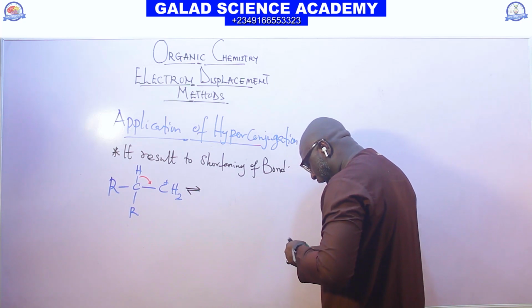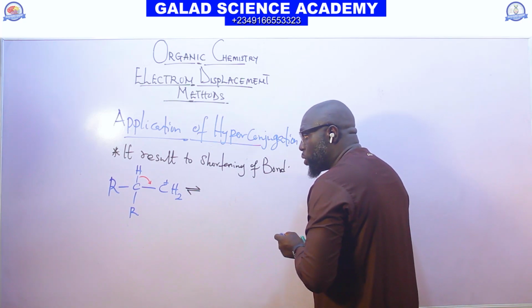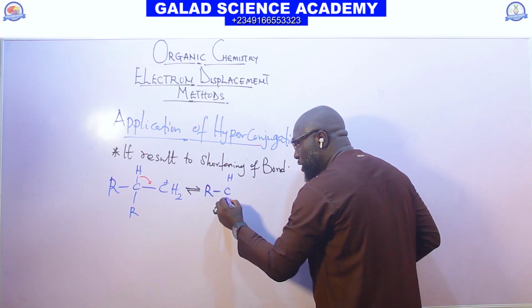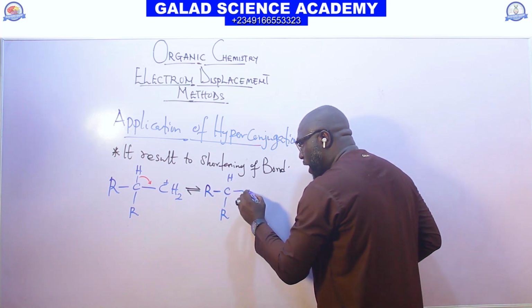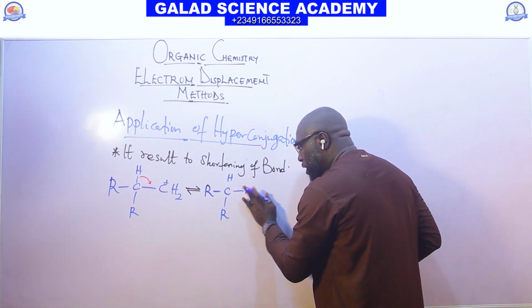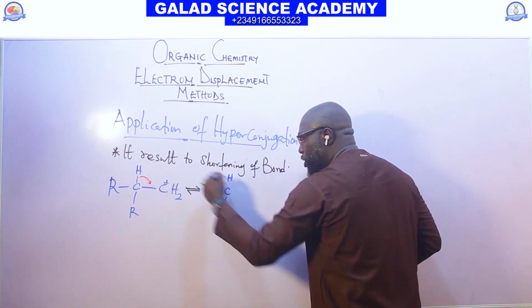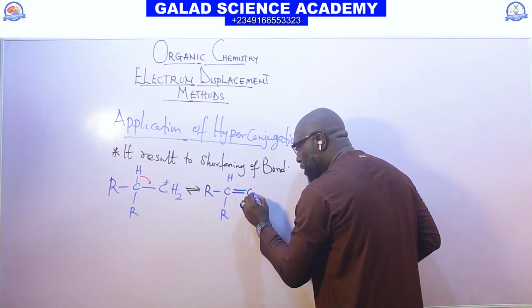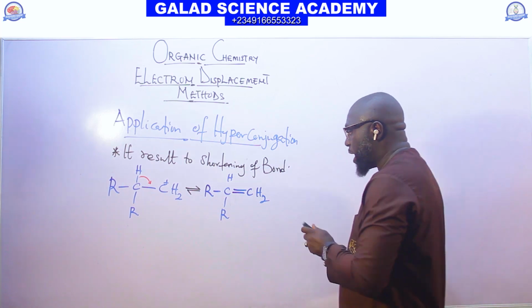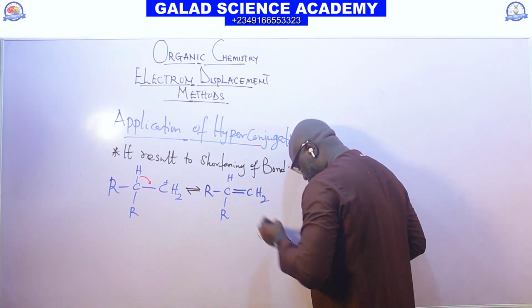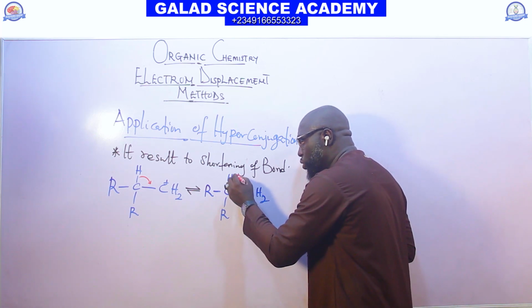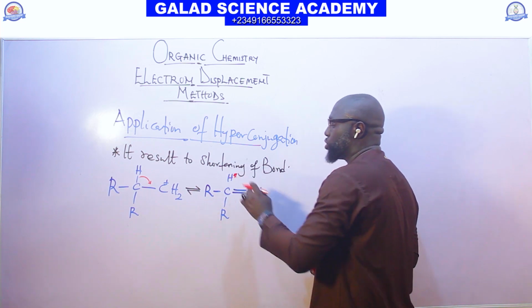You will now have R, then CH2 with a double bond. Here we have a positive charge. It has lost its electron.